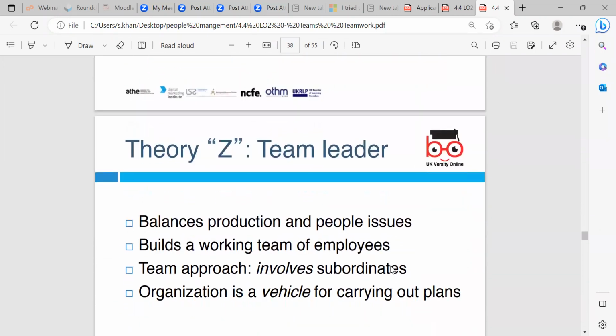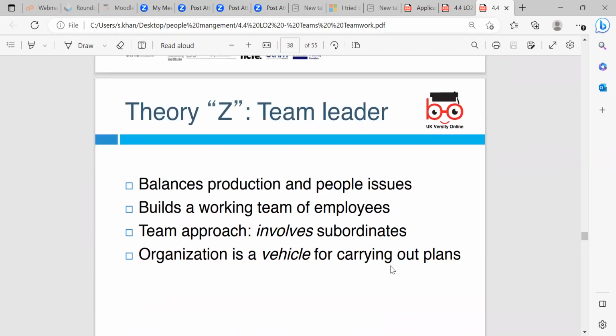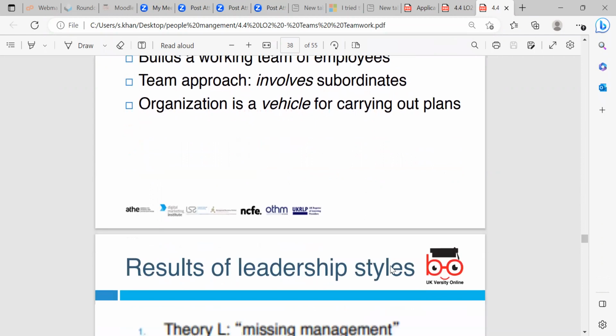Then we've got theory Z, which is the team leader. This balances production and people issues, builds a working team of employees, and the team approach here involves subordinates. Organization is a vehicle for carrying out plans. So this is theory Z.